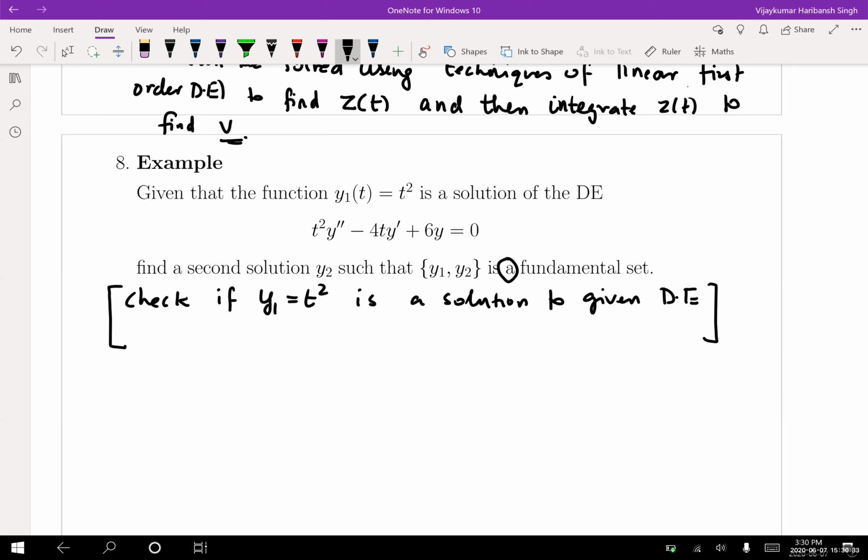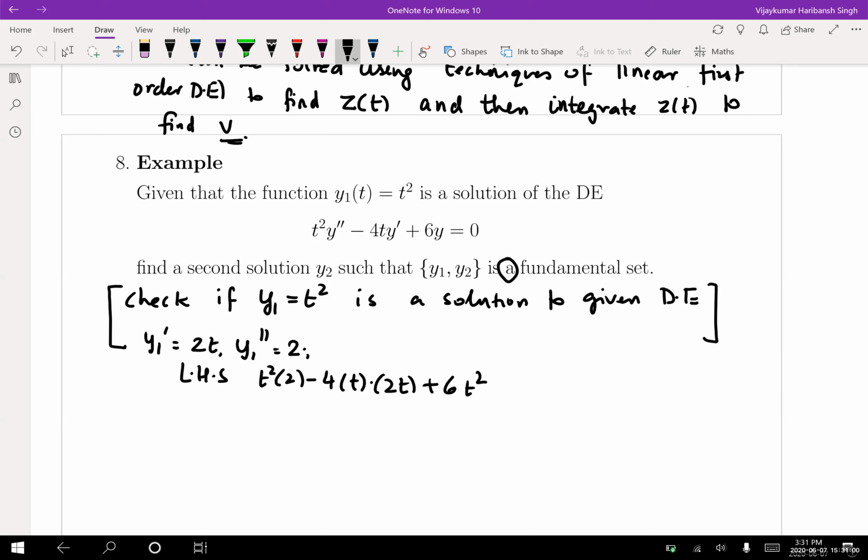So let's see. I get y1 prime is 2t and y1 double prime equals 2. So the left hand side of the differential equation is t squared times 2 minus 4t times y prime, which is 2t, plus 6 times t squared, because y is t squared.